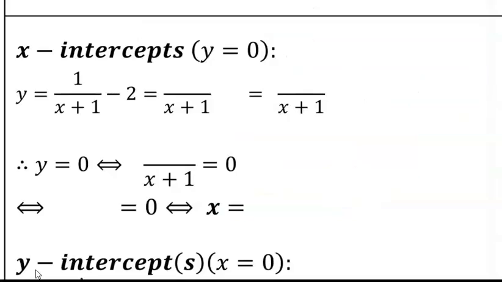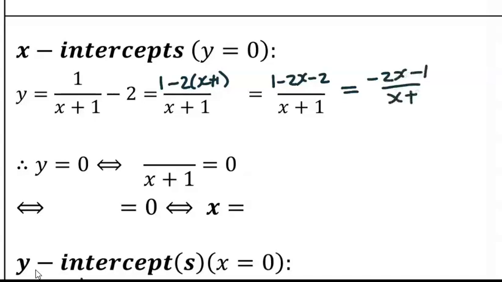Let us look at the x and y intercepts. We get our x-intercept where y is equal to 0. To solve that, I must write everything on the same denominator. So I will have 1 minus 2 times x plus 1. That will be 1 minus 2x minus 2. And that I can simplify to minus 2x minus 1 over x plus 1.